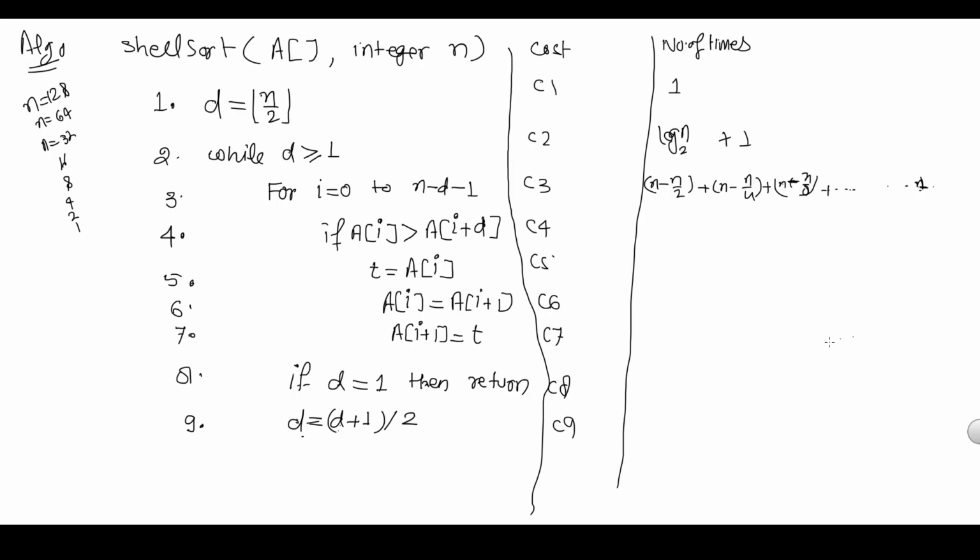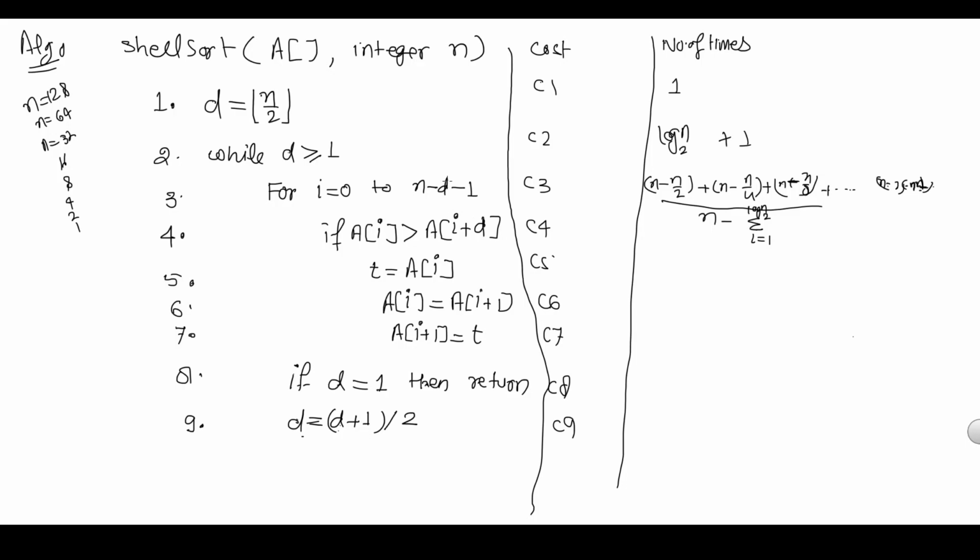Now this will execute n minus 1 times, n minus 2 times, or in summary we can write that this is equivalent to n minus sigma i equal to 1 to log n base 2.